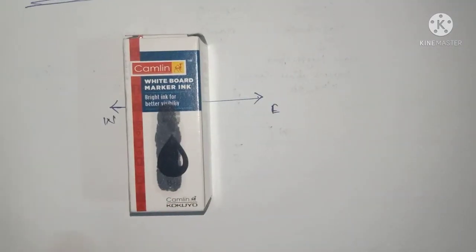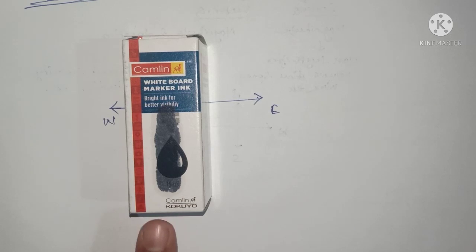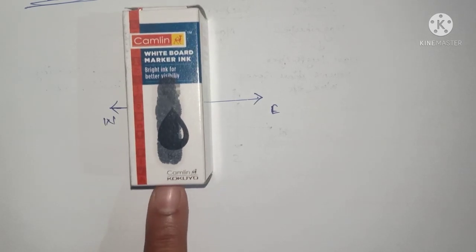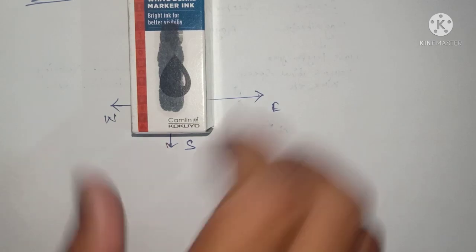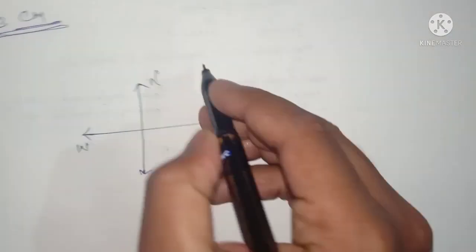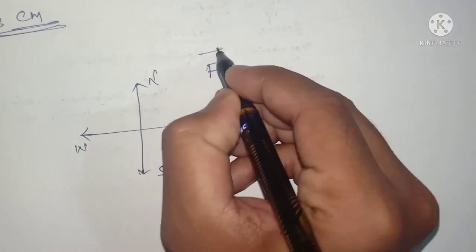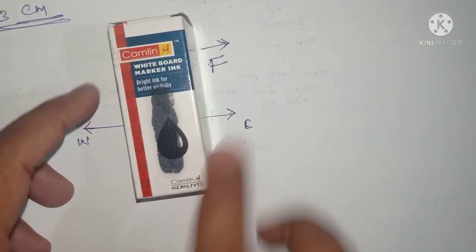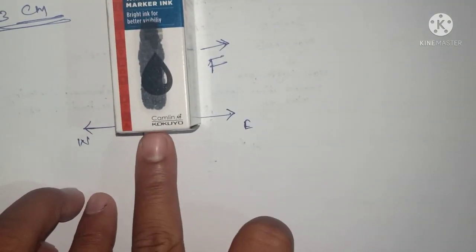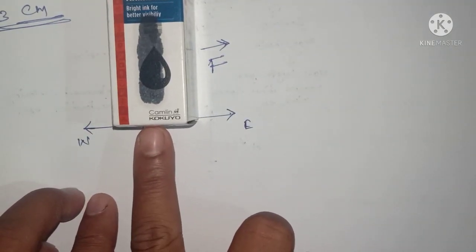Okay, now I apply a force on the body towards the north direction. Then I can say there is an existence of force, and it can be written as F vector. Then we have both magnitude and direction here, as you have seen.